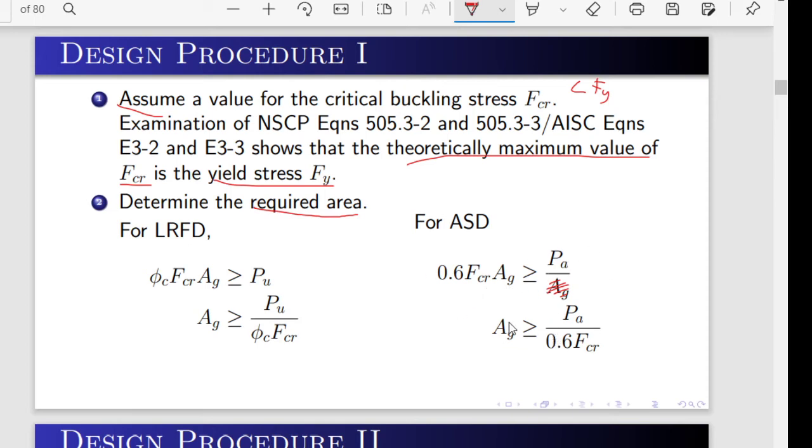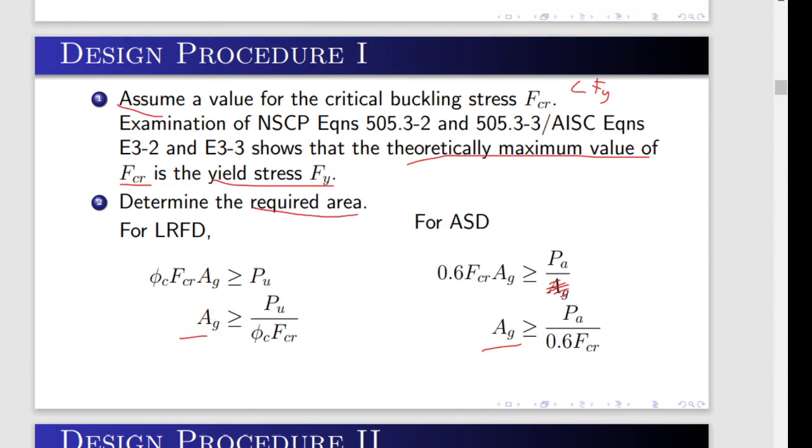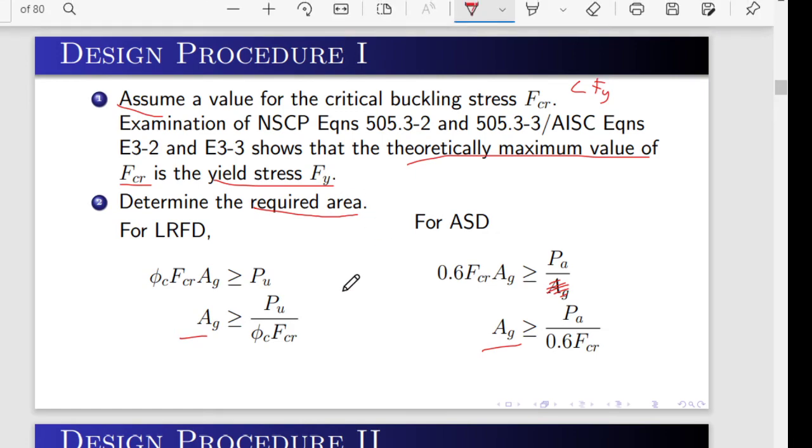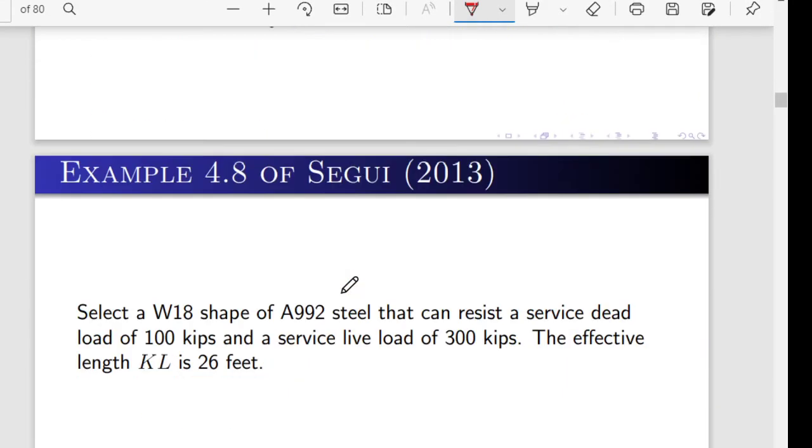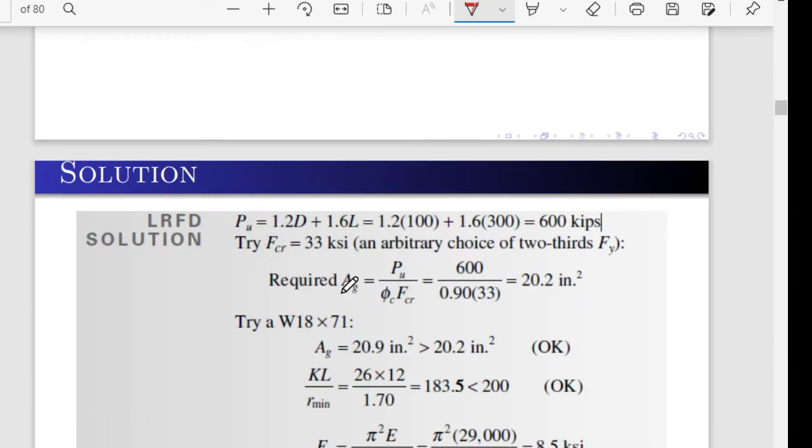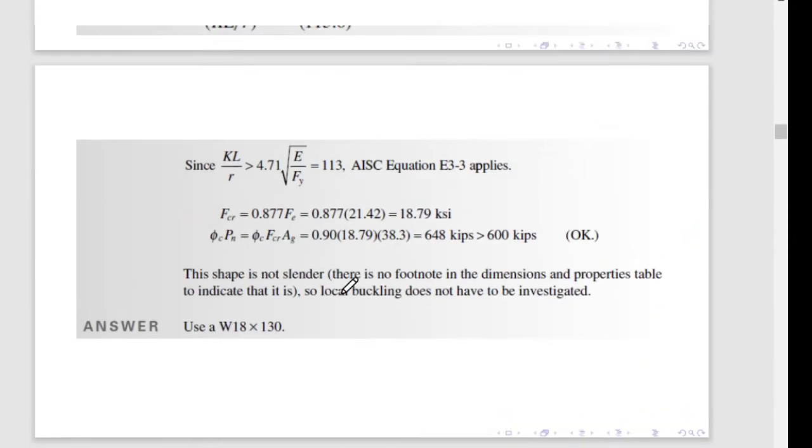So the required gross area should be greater than or equal to the applied load divided by 0.6 times the critical buckling stress. The required area should be slightly less than the area of the selected section, for an economical section. That is for ASD.